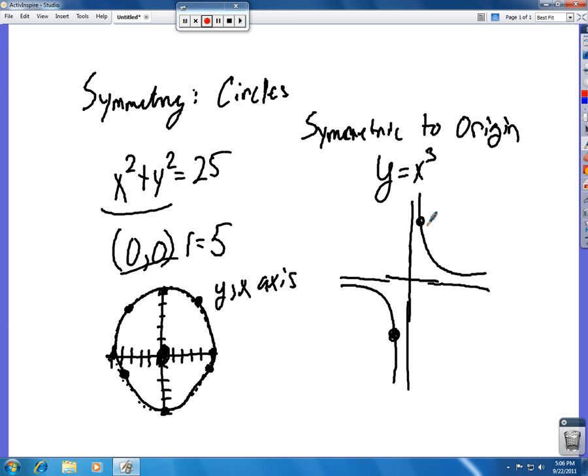You would have points that would be the same. This is going to be x, y, and this is going to be negative x, negative y. So they're the same values, they're just opposite signs. And that's another way to tell if it's symmetric with respect to the origin.